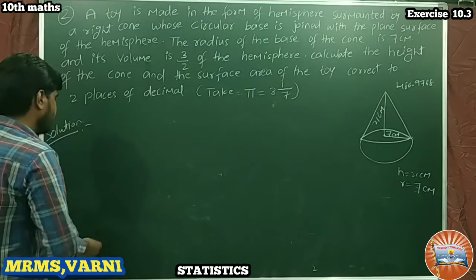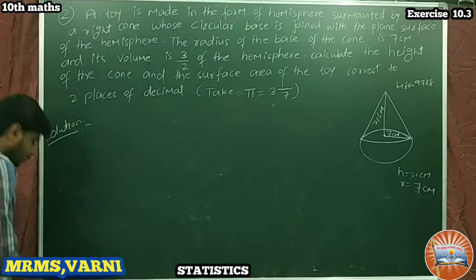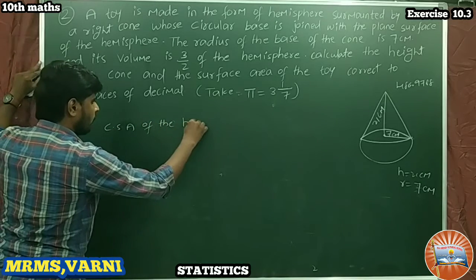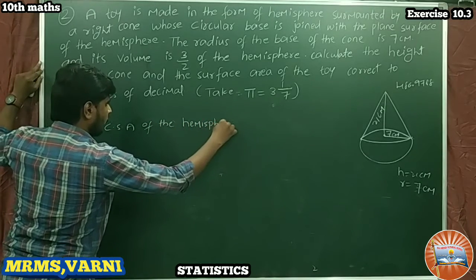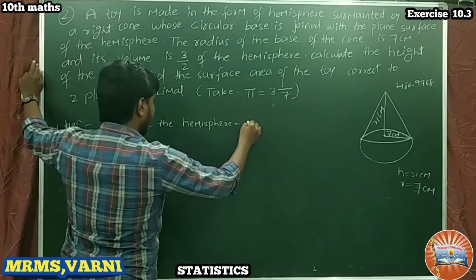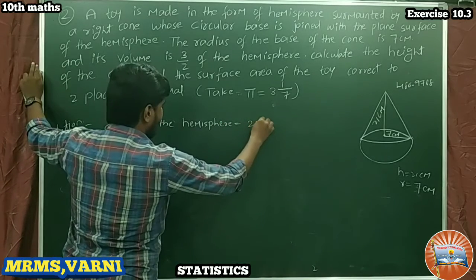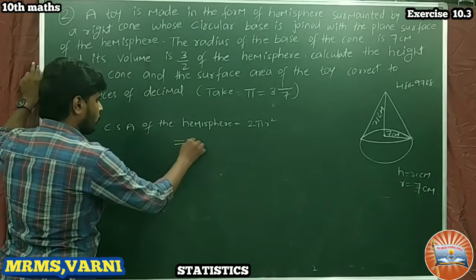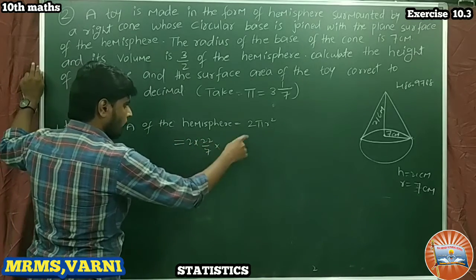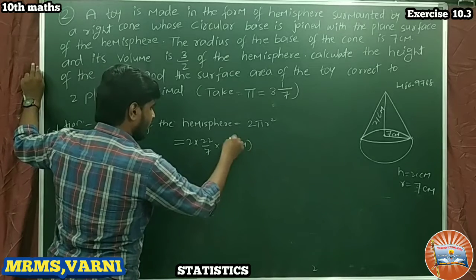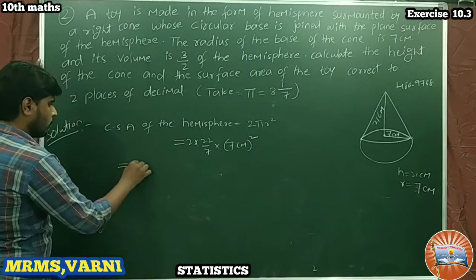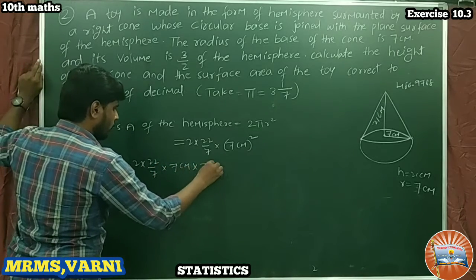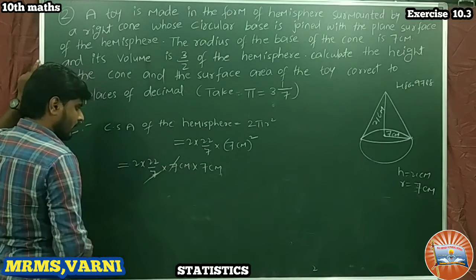What is the formula? CSA of the hemisphere is equal to 2 pi r square, isn't it? So 2 into 22 by 7 into the r value, 7 centimeter, whole square. So 2 into 22 by 7 into 7 centimeter into 7 centimeter, 7 gets cancelled.